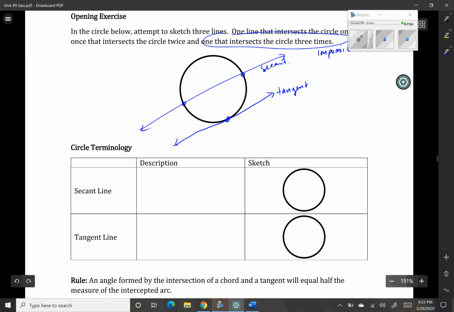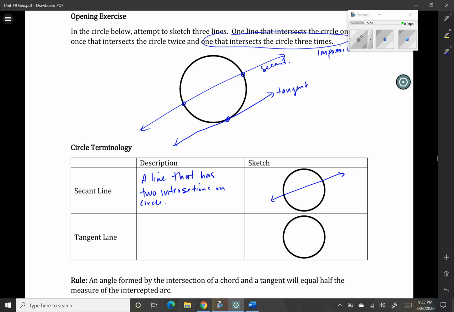So, let's talk. A secant line, a description of that is a line that has 2 intersections on the circle. It's kind of like a chord that extends outside of the circle.